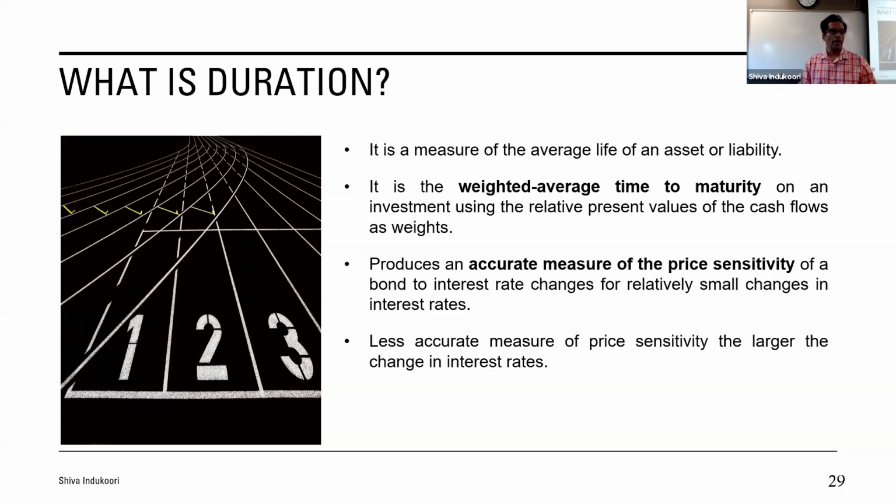That's the idea. And if you have a zero coupon bond, what is a zero coupon bond? Any guess? No coupon payments. As simple as that. You get everything on the maturity. So if you want to calculate the duration of a zero coupon bond, its maturity itself is the duration. Maturity period and duration are the same for zero coupon bonds.